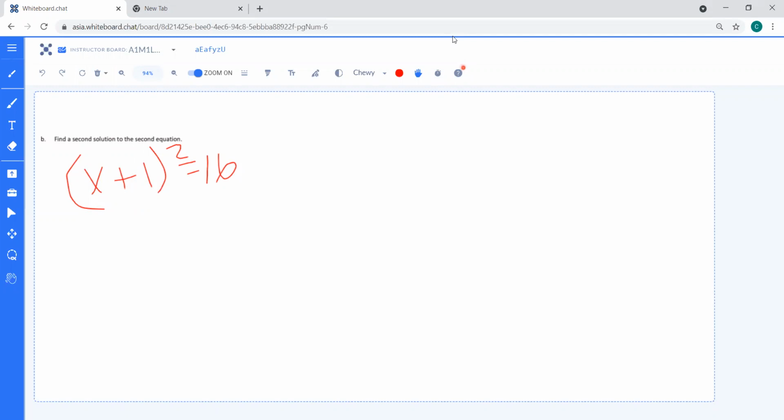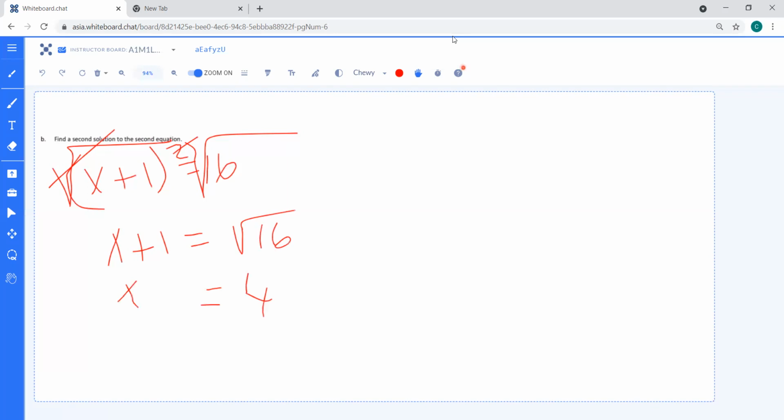So what else can we find here? Well, if we take the square root of both sides, we end up with x plus 1, because the square root and the square cancel each other, is equal to the square root of 16, which is 4. So we would say x plus 1 equals 4. Subtract 1 from both sides, x equals 3, right?